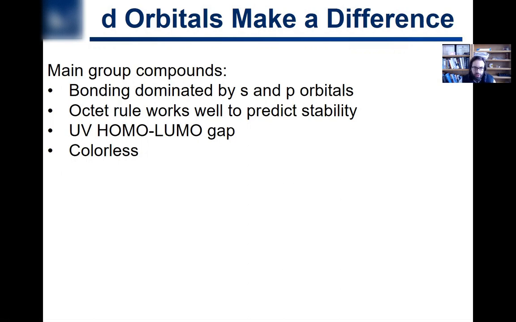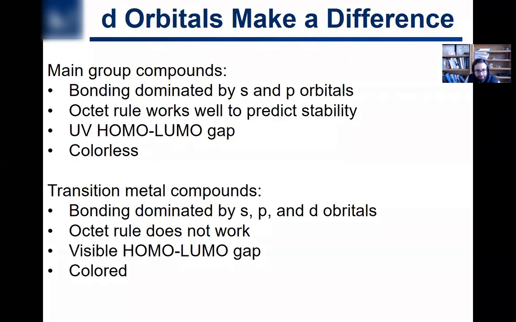And so as a result, most main group compounds and organic compounds, for example, are colorless. They're absorbing in the ultraviolet, and they're not absorbing visible light. The absorption of visible light is the main mechanism for giving color to chemicals. So that's why they're colorless.